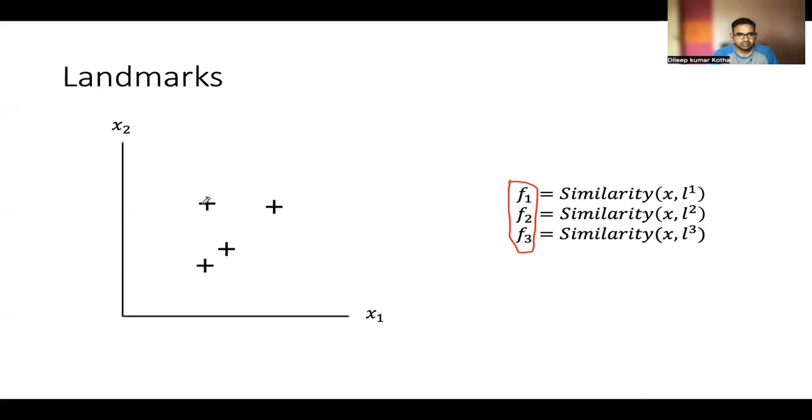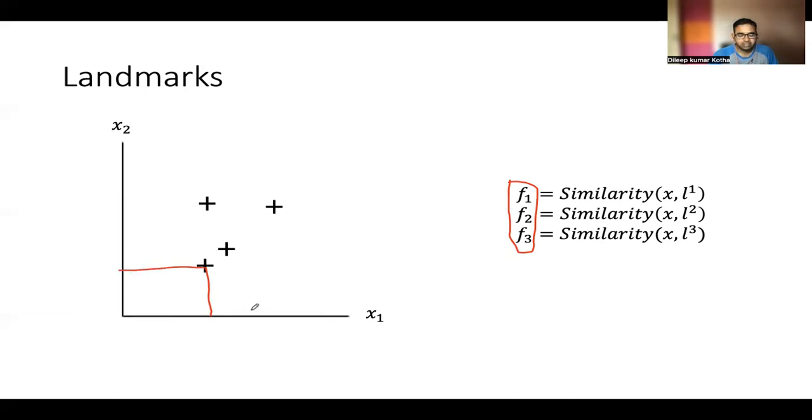We select some points in a higher dimensional space. Since we have two features, let's say we have the third dimension where you put some landmarks, and landmarks are nothing but another set of data points. You just put them in a different dimension than the features that you have. These are in the third dimension, and you measure the distance between the existing features and this landmark.